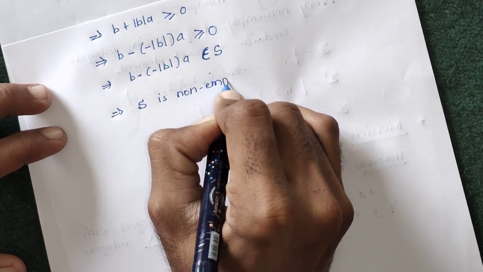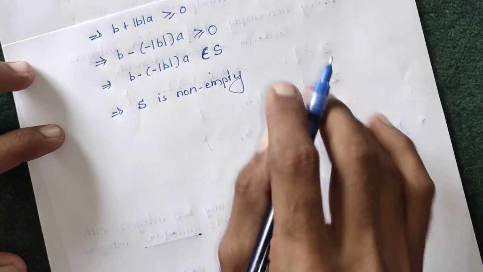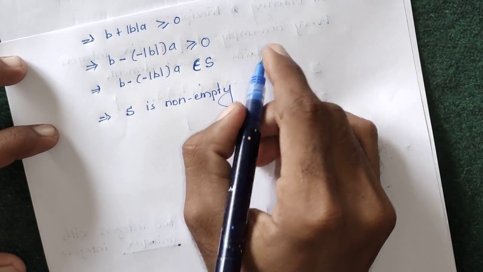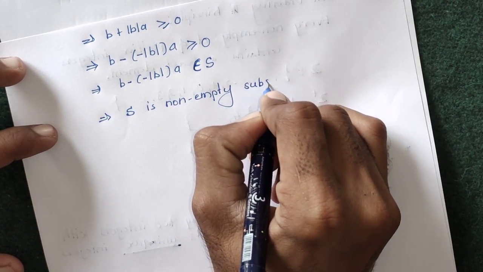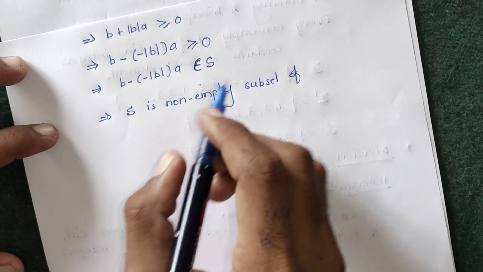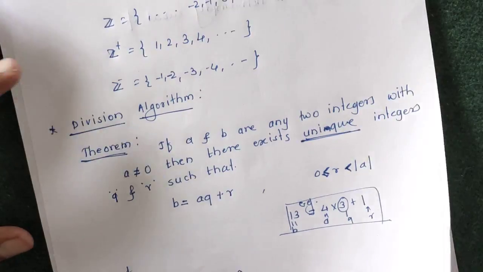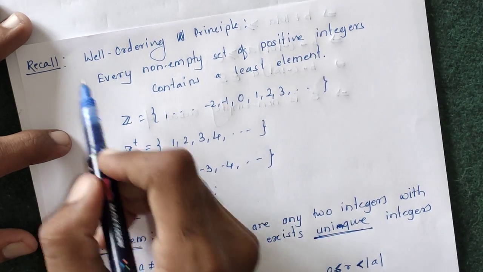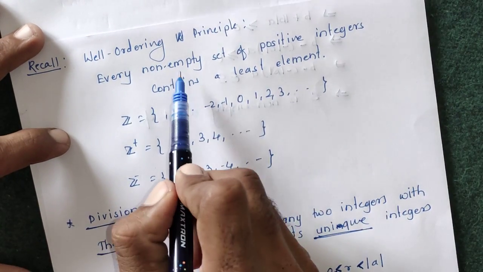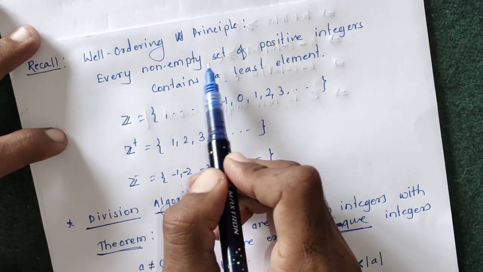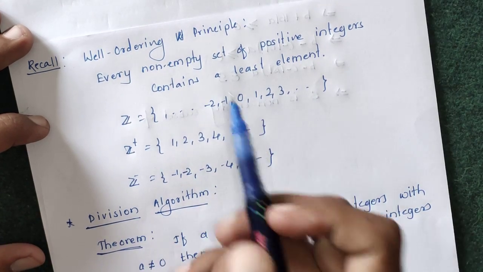So this number belongs to our set S, which implies S is non-empty. This is a non-empty subset of, whatever our well ordering principle says, that every non-empty set of positive integers contains a least element.